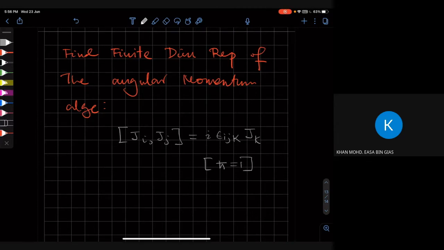So we're choosing units in which we measure all our angular momentum in terms of the fundamental Planck's constant. We can always do that.